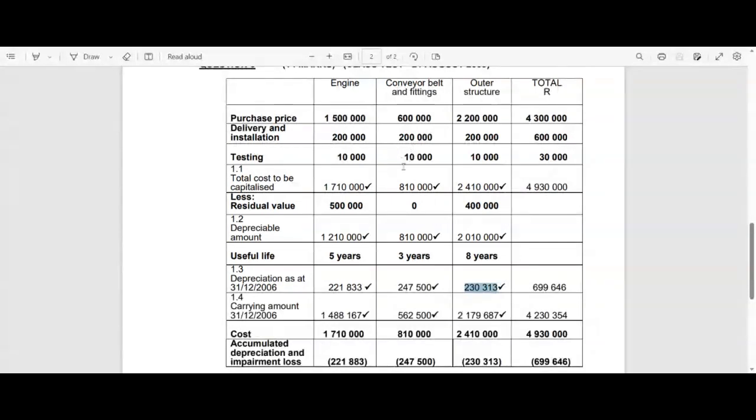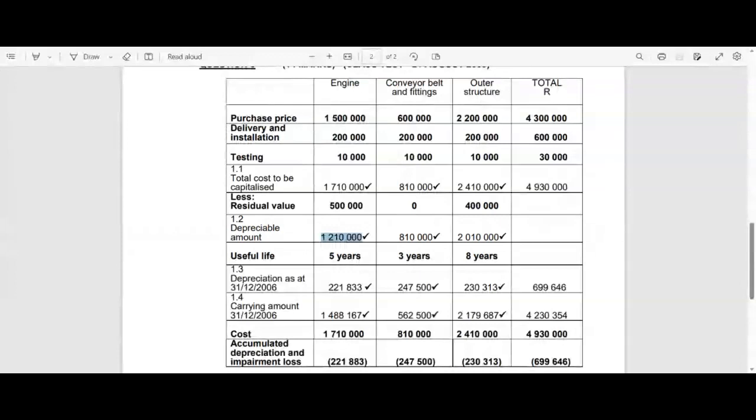So, if we are now going to calculate the carrying amount, where do we start? We know we've got to deduct the accumulated depreciation, but what must we deduct it from? Let's highlight the three figures again: the 1.5 million, or the 1,710,000, or the 1,210,000.